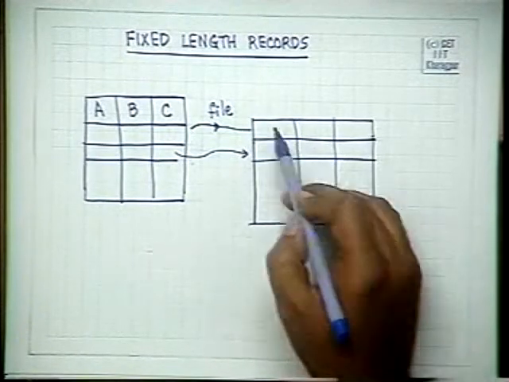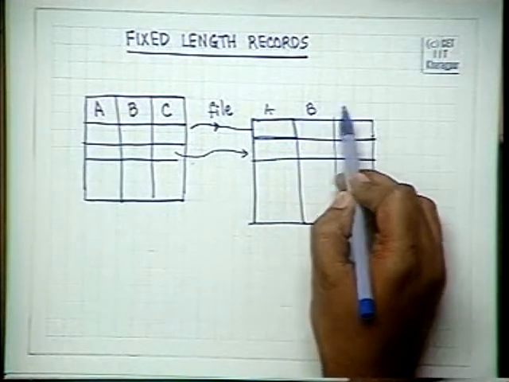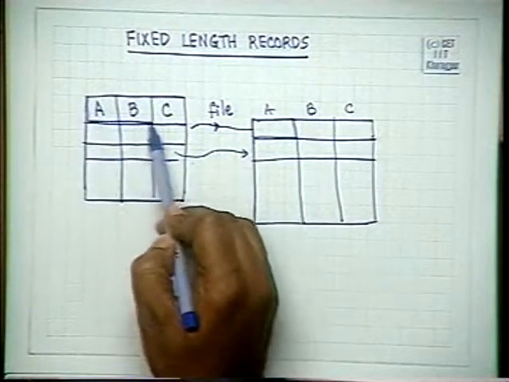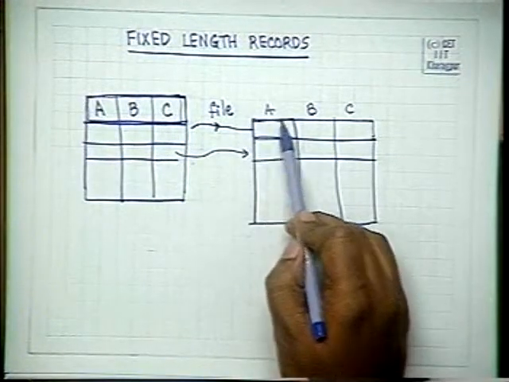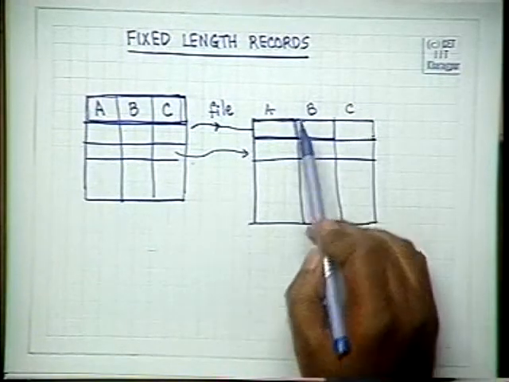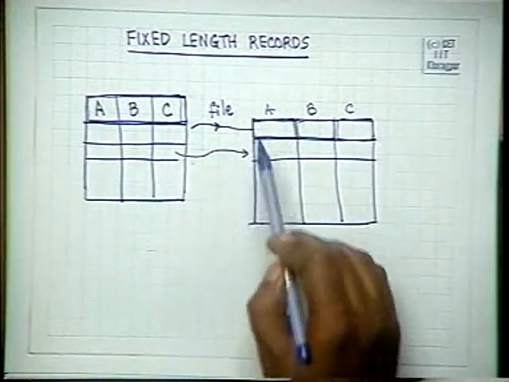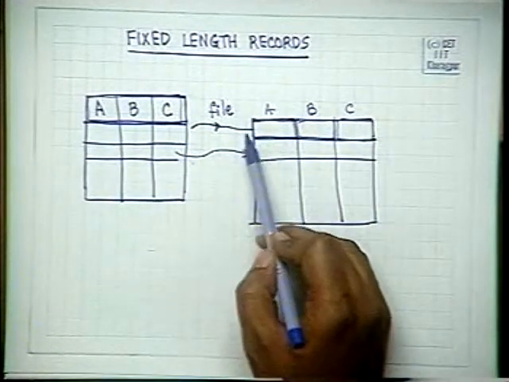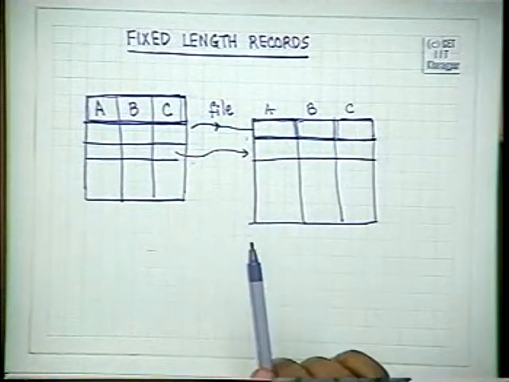It is quite logical that the first portion of the record will be A, the second may be B, and the third may be C. And we may have fixed length records in the sense that all records will be of the same size, and so many bits will store the part A, so many bits will store the attribute B, and so many bits or bytes will store the attribute C. So that will be the single record information, and if we store one table per file and we fix the size of this, then we have got a file of which the records are of fixed length.